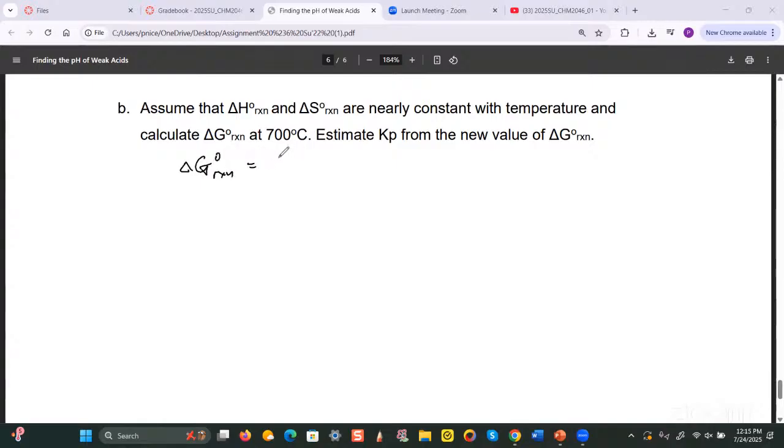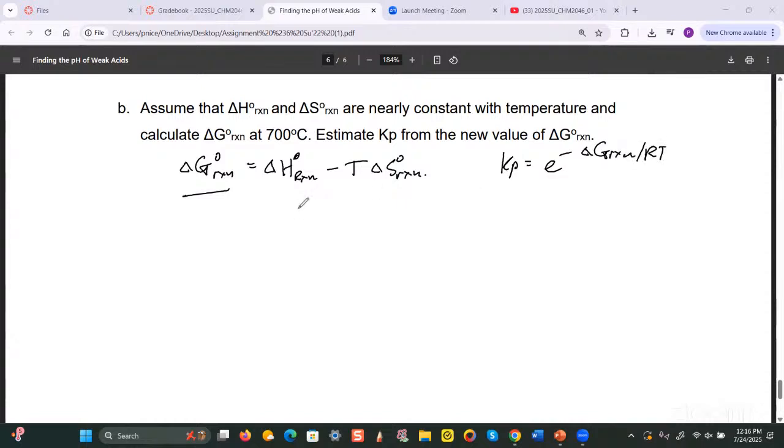So remember, delta G is equal to delta H minus T delta S. And we're assuming, of course, that all the values of entropy, enthalpy are standard, right? And then after that, based on the delta G for this reaction, we find the Kp, which would be equal to e to the minus delta G reaction over RT, all right?